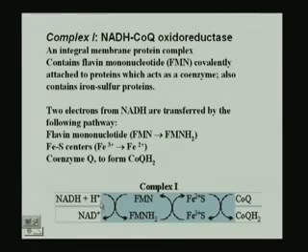Now, what is happening here? There has to be some cofactor that is going to take up the hydrogens. FMN takes that up. Now, in the process of taking up the hydrogens, Fe3 plus has to go to Fe2 plus, because the H plus is going to be associated with an electron also.